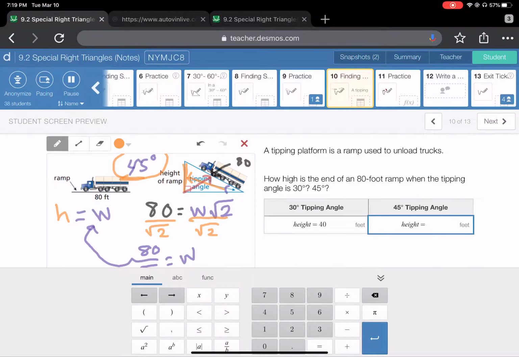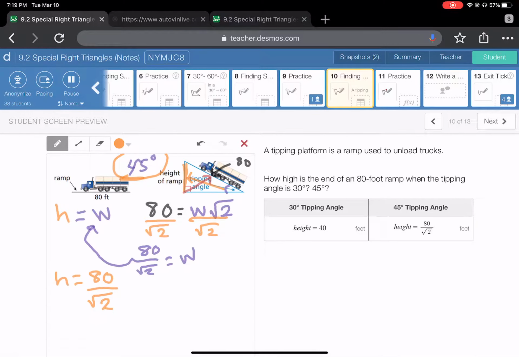So if we type over here, 80 divided by the square root of 2. Oh, and of course that's not going to give us the exact value, so let me pull out my calculator here. And we have 80 divided by the square root of 2, which is 56.57 approximately.